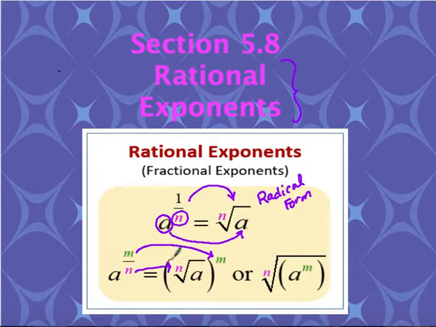Whether we write the whole root to the power of m, or we just write the a inside to the power of m with the nth root, it does not matter. The order that you work these problems in, exponent first and then find the root, or find the root first and then complete the exponent, doesn't matter. They have the same precedence and the same level.